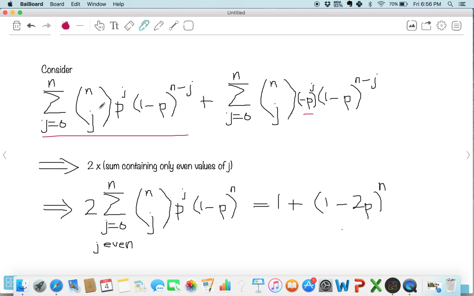So for example, if we have n choose 3 p to the 3 times 1 minus p to the n minus 3, then we have n choose 3 minus p to the 3 times 1 minus p to the n minus 3 here.